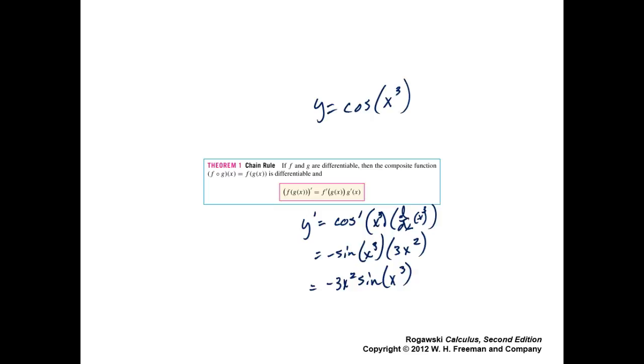The reason I like to put the x squared out front too, if you glanced at it too quickly, you might think that's the negative sine of the product function, which isn't what it is. It's the product of the 3x squared and the negative sine function. So that's why I like to put it in front, so you don't think that's part of the argument of the sine. It's just my little choice. Let's see what the book did. They did it that same way. Negative 3x squared sine of x cubed.